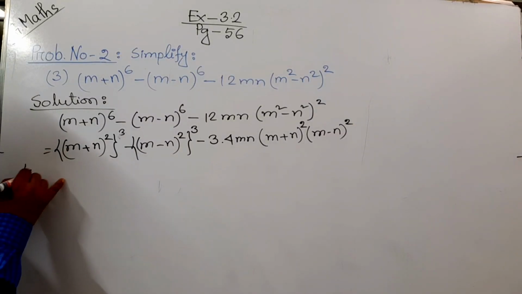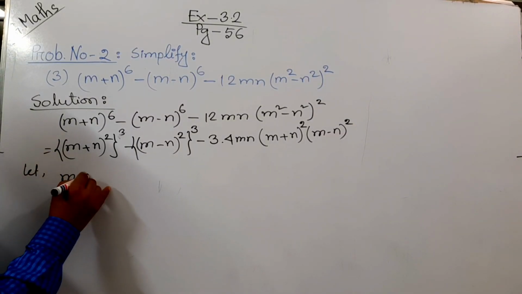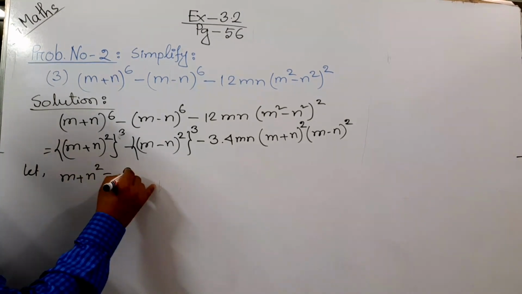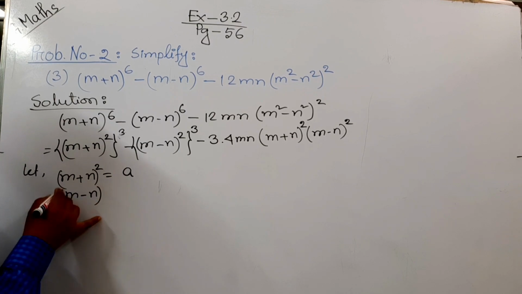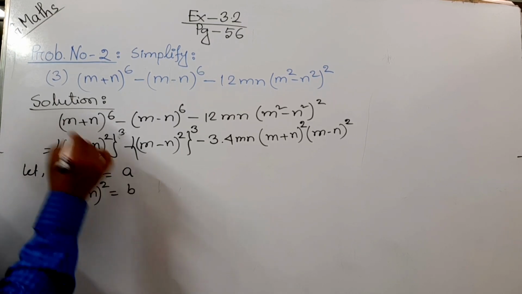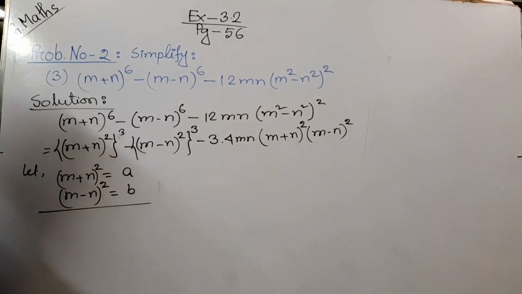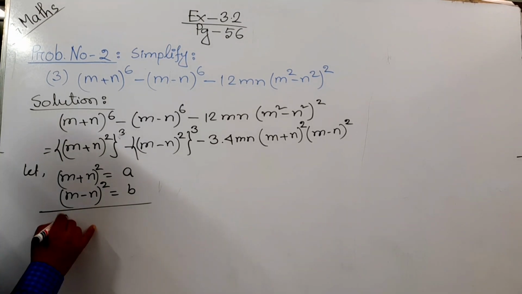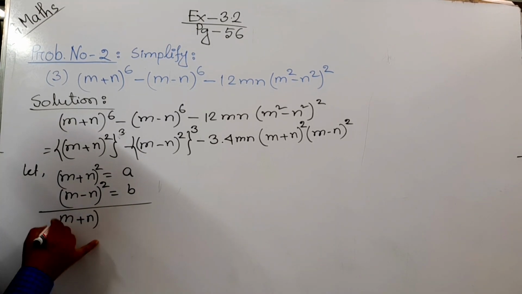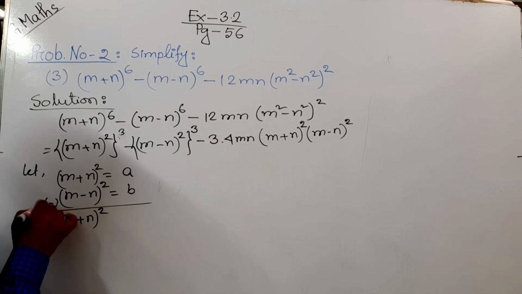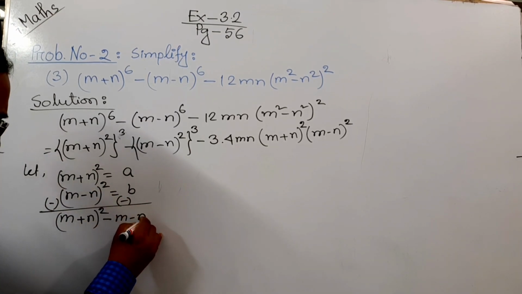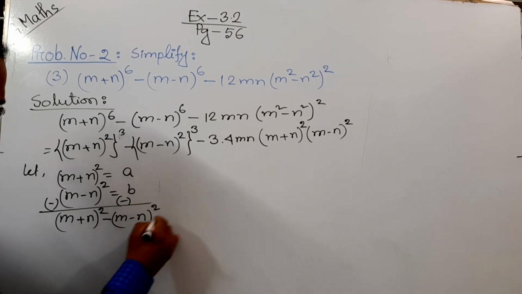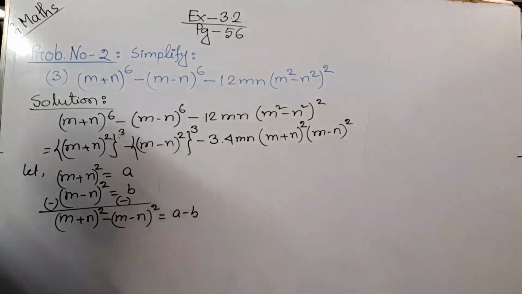Now let (m plus n) square equal to a, (m minus n) whole square equal to b. Now subtract it. What will it be? It will be (m plus n) whole square minus (m minus n) whole square, that is a minus b.